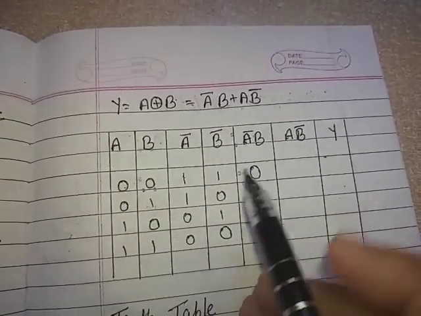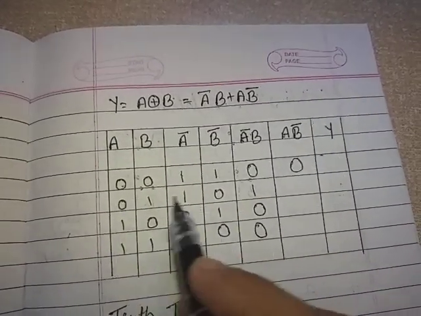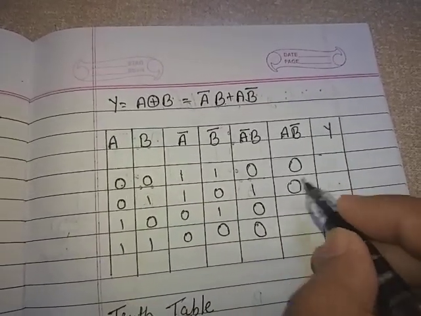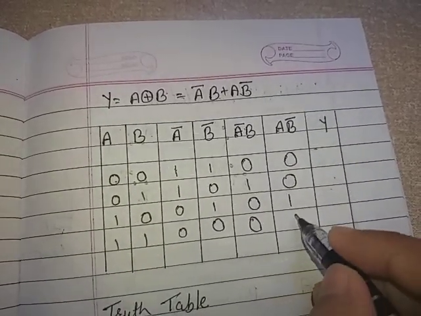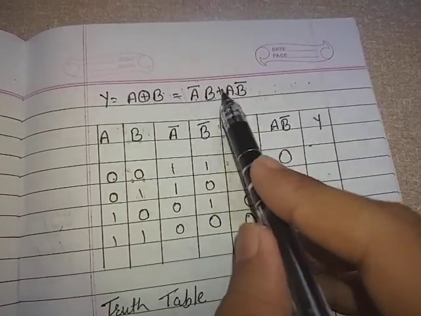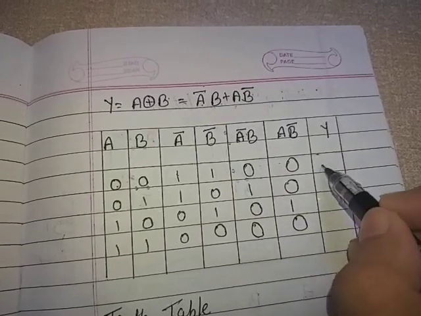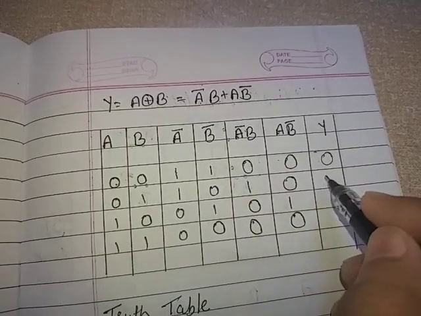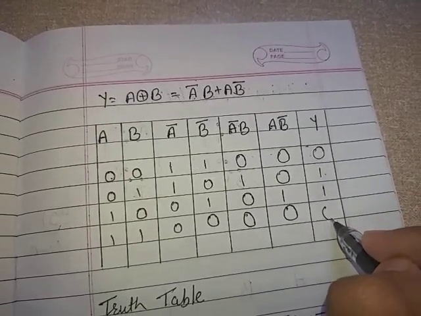So 0 dot 1 is 0, 0 dot 0 is 0, 1 dot 1 is 1 and 1 dot 0 is 0. Then we require y is equal to a bar b plus a b bar. That means the OR operation of these two columns. So 0 plus 0 is 0, 1 plus 0 is 1, 0 plus 1 is 1 and 0 plus 0 is 0.